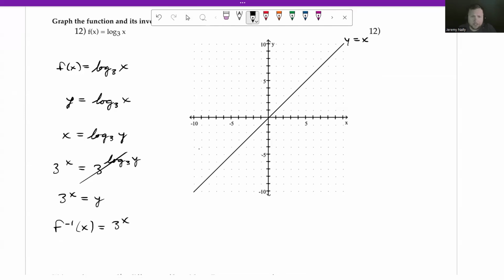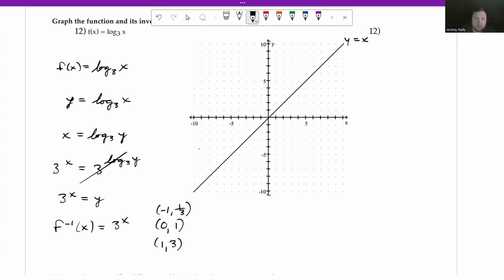So now with either of these, you have these key values, and it may be slightly easy to remember with the exponential one, right? So if I plug in 0, it's 1. If I plug in 1, it's 3. If I plug in -1, it's 1/3.